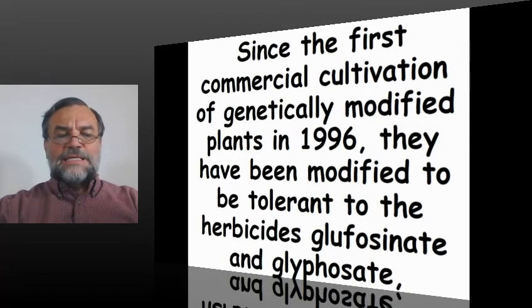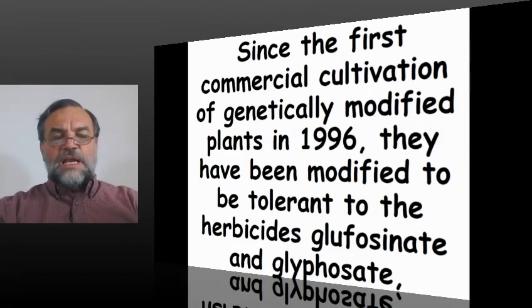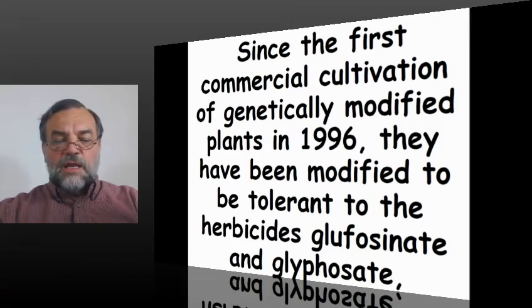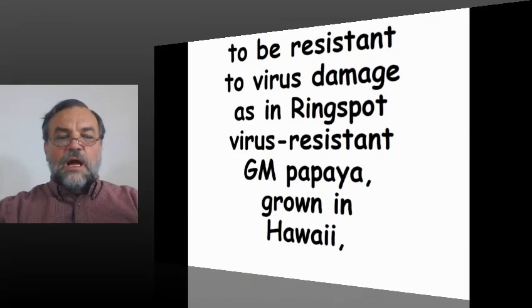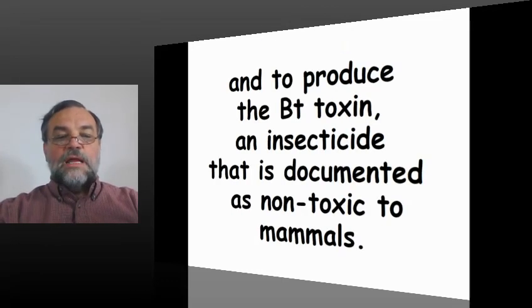They modify genetically that sequence of base pairs in DNA, and some of the things that they've managed to do is they've been modified to be tolerant to the herbicides glufosinate and glyphosate. They've been modified to be resistant to virus damage, as in the ringspot virus resistant genetically modified papaya grown in Hawaii.